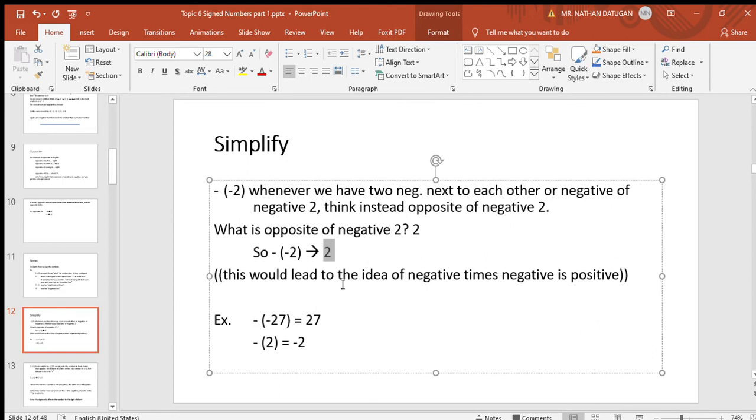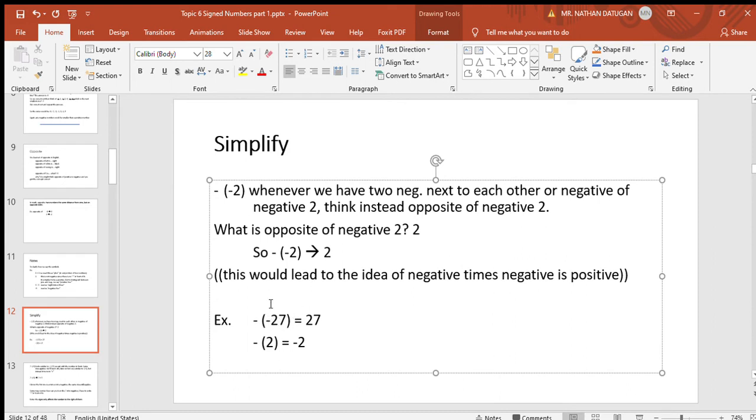This idea leads to the idea of negative times negative is positive, but we'll get into that later when we're dealing with multiplication and division. Right now, we're just doing the simplifying. So let's have a few examples. What is the negative of -27?